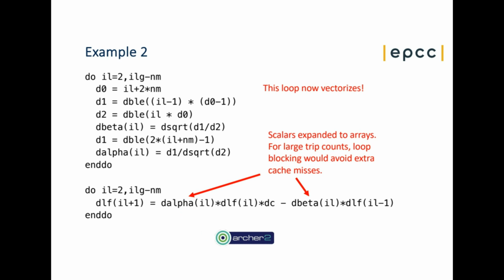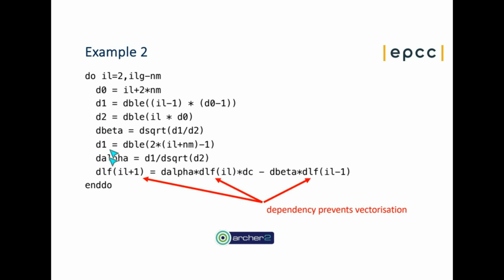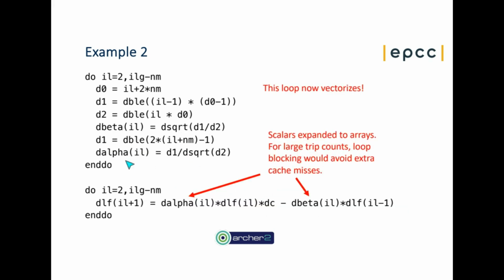In the original version, d beta and d alpha, which are used in this final statement here, are scalars. If we promote those to arrays, and then split this loop into two, so that the first loop calculates an array of d betas and d alphas, and the final loop uses them in the recurrence, then we find that at least the first loop will now vectorize. So the loop that contains the expensive operations will now vectorize.